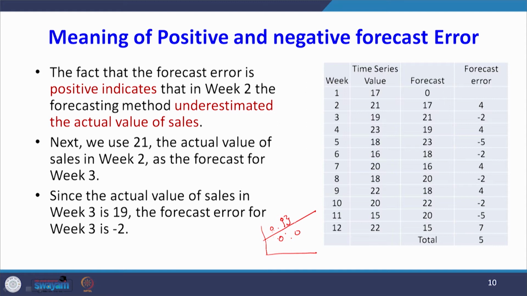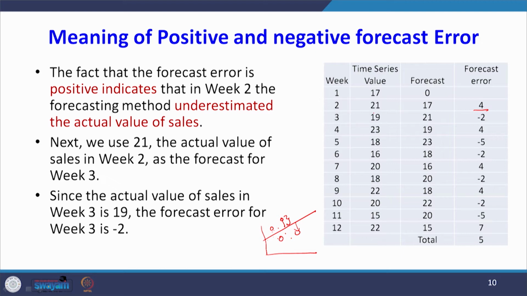If the forecast error is negative, we have overestimated the actual value. That is the meaning of positive and negative forecast error. I will explain it with the help of this table. The fact that the forecast error is positive indicates that in week 2 the forecast method underestimated the actual value of the sales.